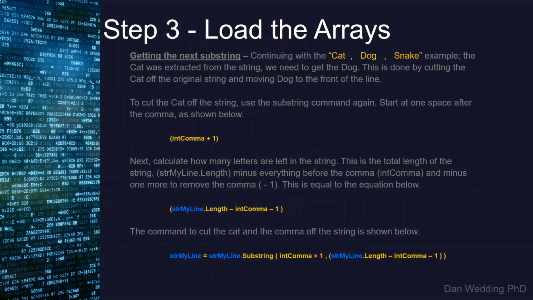Next, calculate how many letters are left in the string. This is the total length of the string, minus everything before the comma, and minus 1 more to remove the comma. This is equal to the equation below. The command to cut the cat and the comma off the string is shown below.